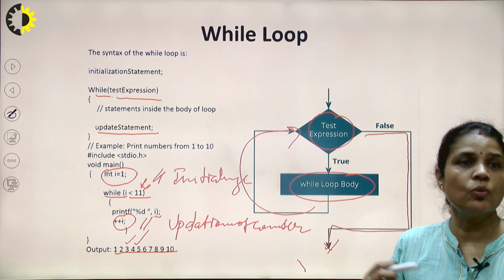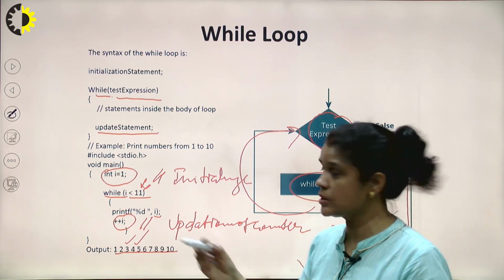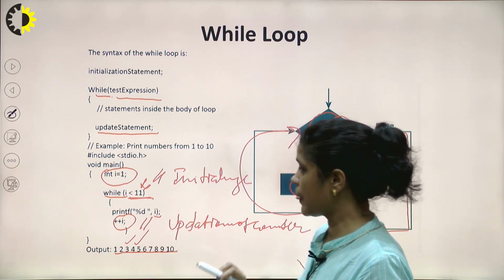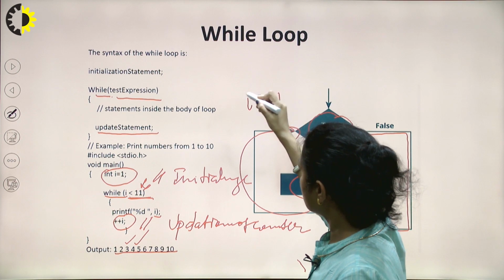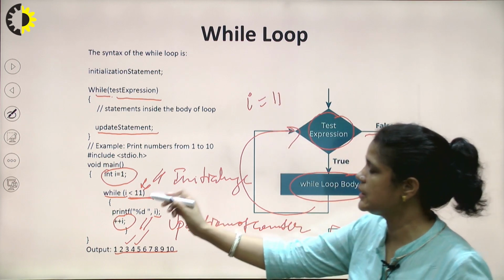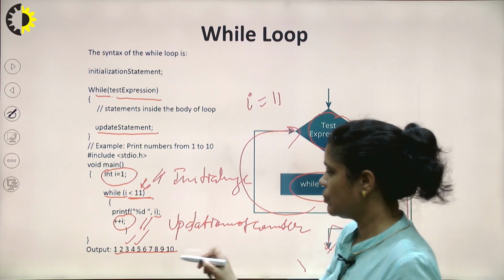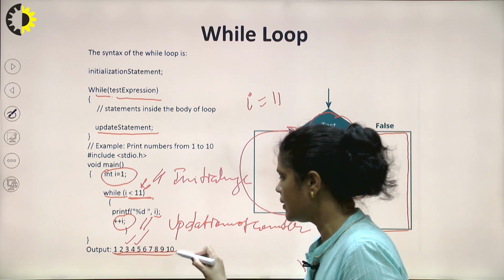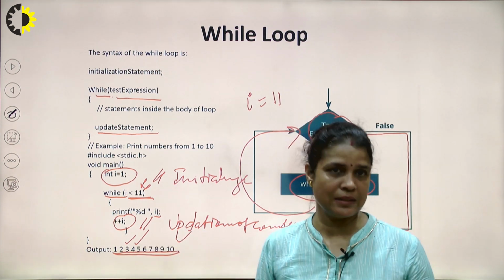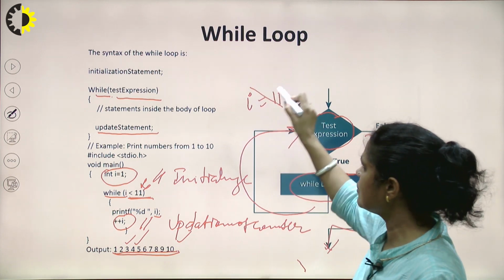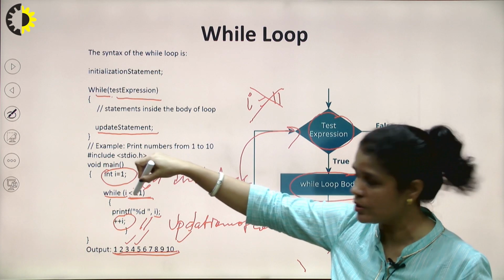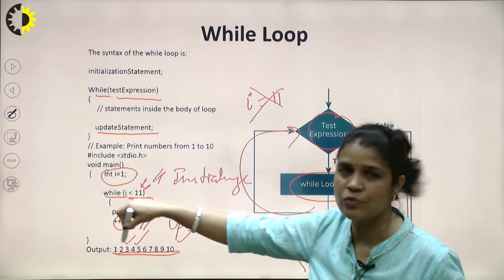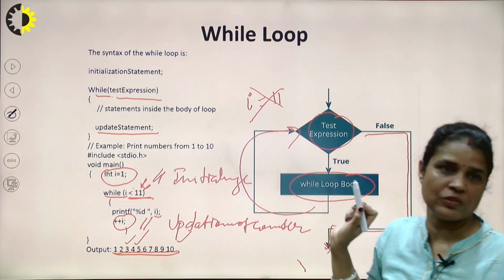The condition goes false when I equals 11. Before that, we have printed till 10 on the screen. We don't want to print 11, so at 11 the condition becomes false, the compiler's control will come outside the loop, and nothing will be printed after 10.